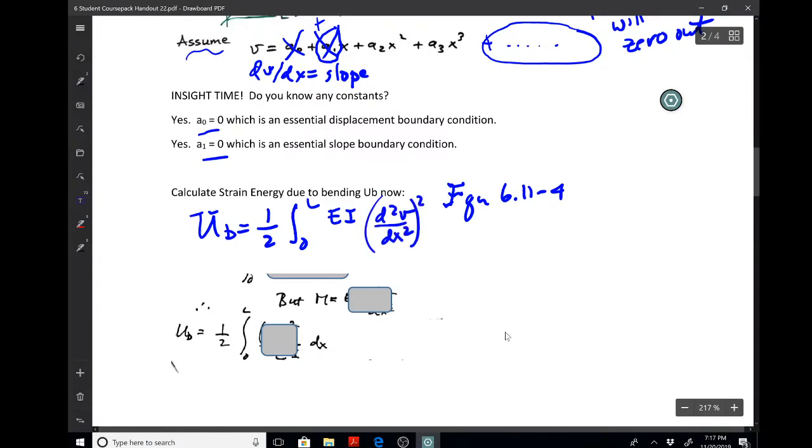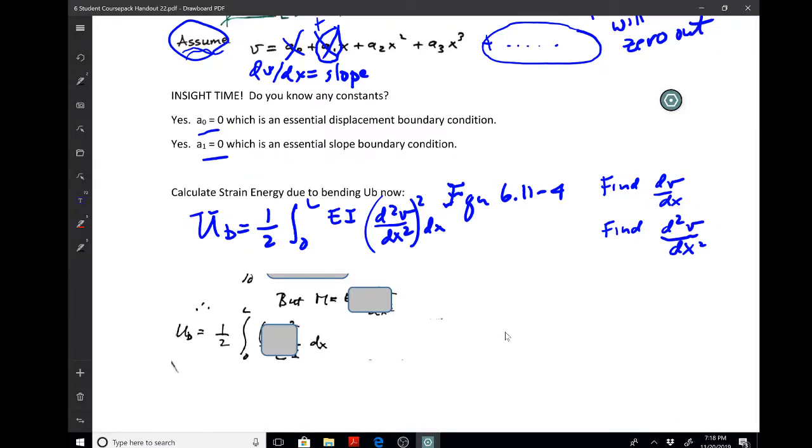We square that and it's dx. I have v, that's assumed, so I have to find dv/dx, and then the second derivative.